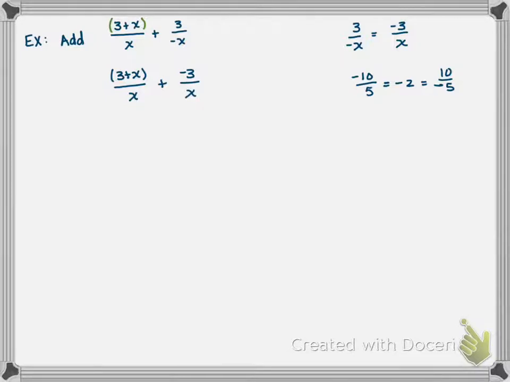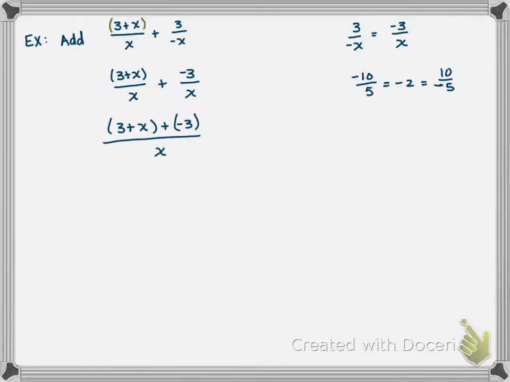And now I have common denominators, and I didn't even have to do a lot of work, and I didn't have a bunch of extra negatives floating around, which can get kind of tricky. So when we get common denominators, remember we keep our common denominator and we add our numerators. So I have 3 plus x plus -3 over x.